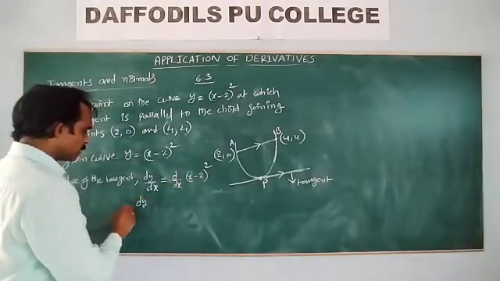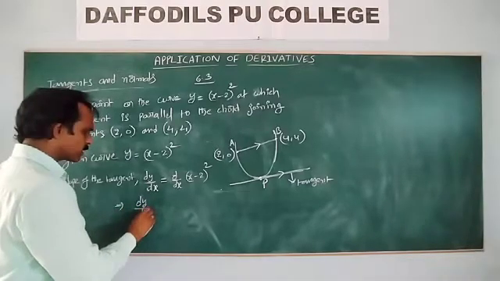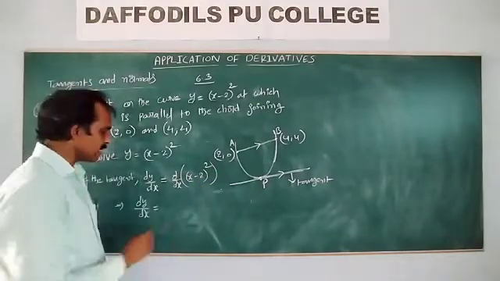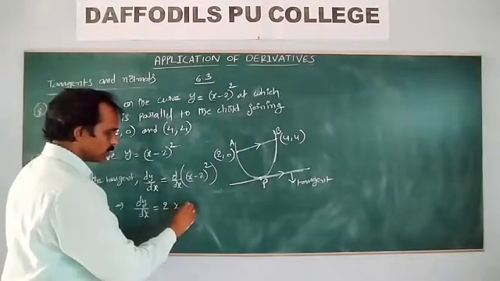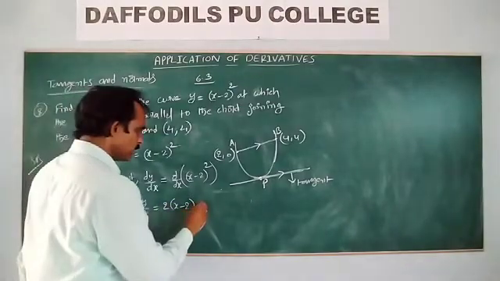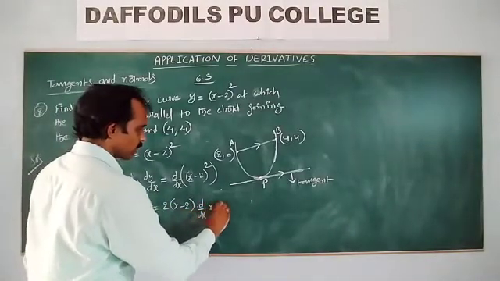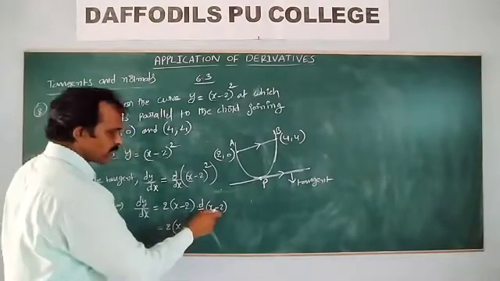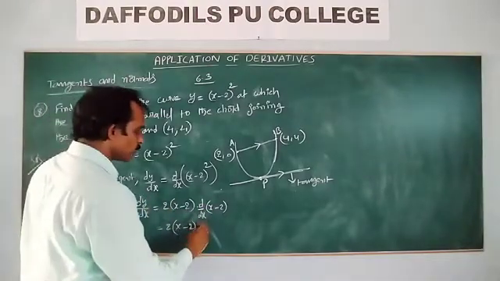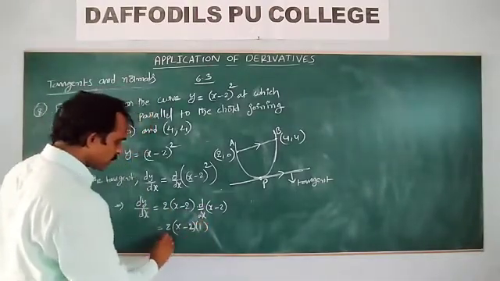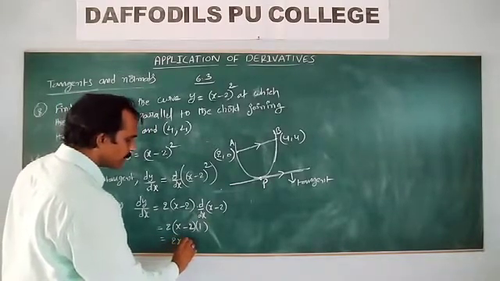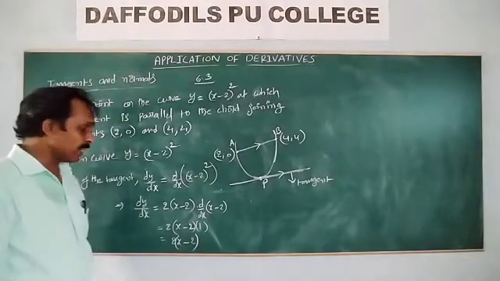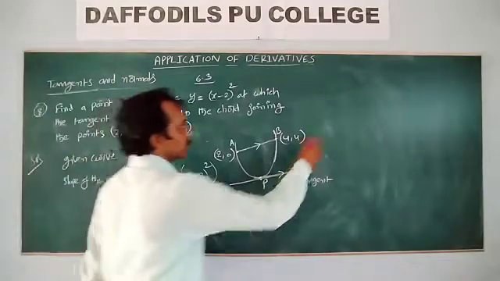So dy by dx is equal to n times x power n minus 1 into d by dx of (x minus 2). That is 2 times (x minus 2), times the derivative of x, which is 1, and the constant's derivative, 0, so 1 minus 0, 1. Finally this value is equal to 2 times (x minus 2).